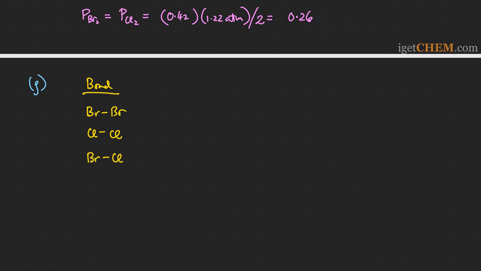The bond energy, of course, is expressed in terms of kilojoules per mole. And for Br-Br is 193. For Cl-Cl is 243. And we want to calculate the BrCl bond energy.